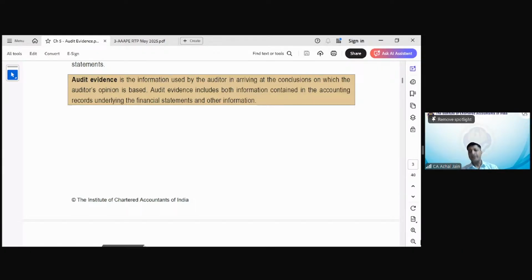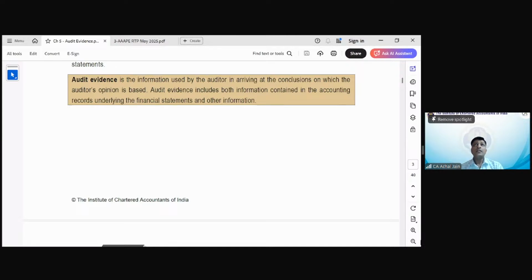When we say the calculation, that's all about the arithmetical accuracy, formulas, etc., which have been applied, and the logic which the management would have considered. Other than that, the auditor will also be looking at the sales invoices.